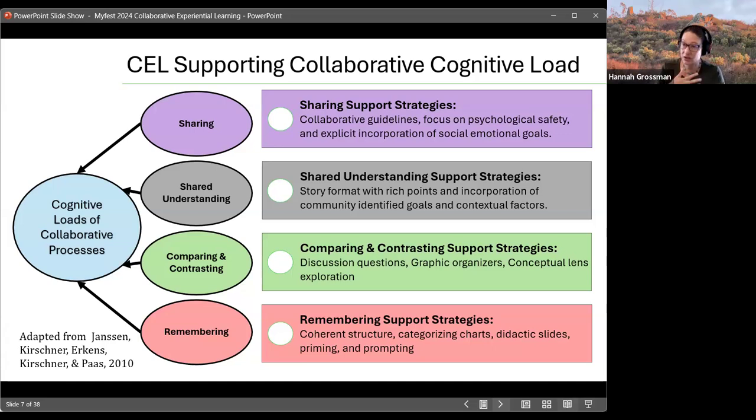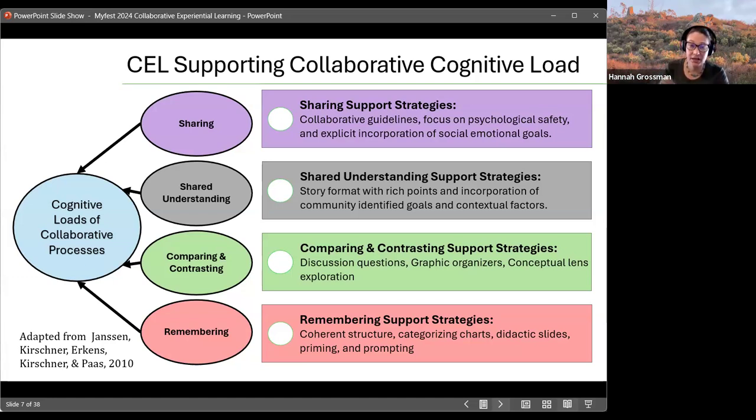So to support that work in collaborative experiential learning, we incorporate discussion questions, graphic organizers, and intentional conceptual lens exploration. So we'll ask people to put on different conceptual lenses to look at different things and compare it to another conceptual lens as a way of orienting them to the conceptual lenses.